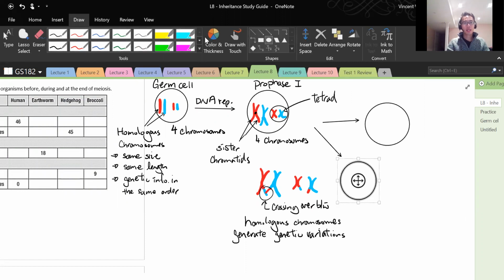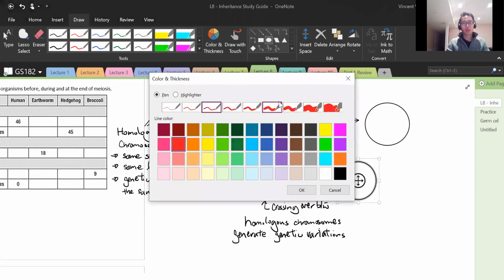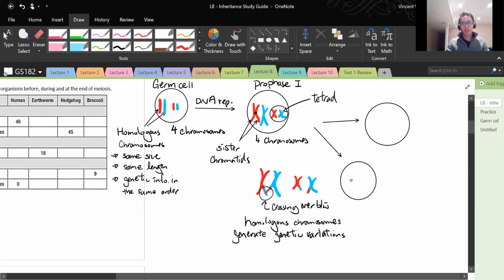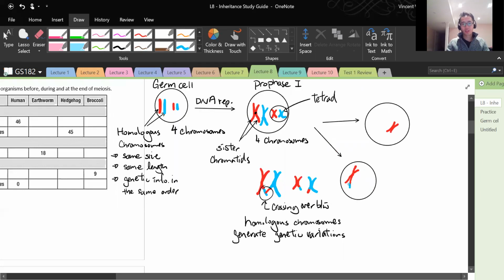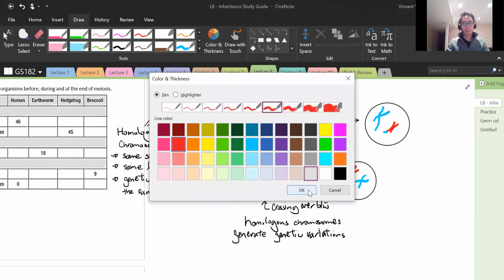One cell is going to get one of the big X like that, and then the other one is going to get maybe a small X. It's really hard to draw with all these color things going on. Then you're going to have a small X here, and you're going to have the big one, something like that.